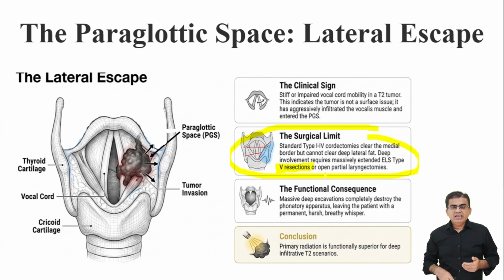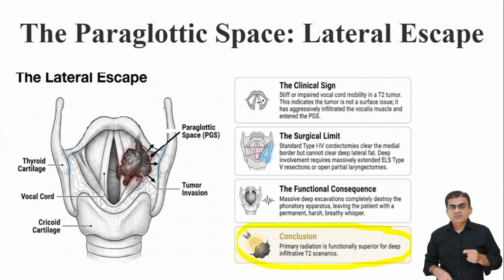These massive excavations completely destroy the patient's phonatory apparatus. The patient will be left with a permanent, harsh and breathy whisper. This is exactly why primary radiation therapy is functionally superior for those deeply infiltrative T2 scenarios.